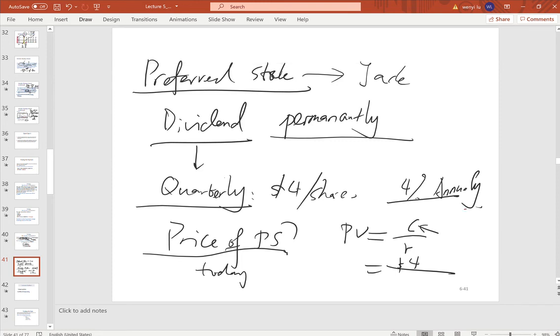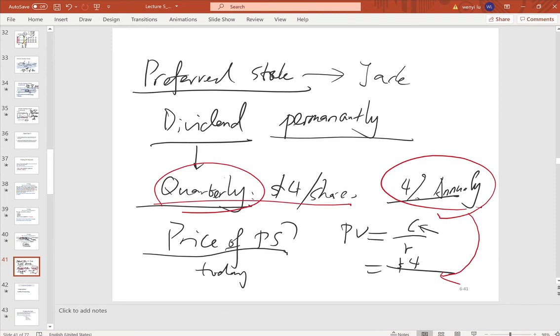This is the annual rate, but we have the dividend paid quarterly. So this one should be adjusted accordingly. Based on quarterly, we must have 4 over 4. That's the quarterly rate. It will be 1%. So 4 over 1% equals 4 over 0.01 equals $400.